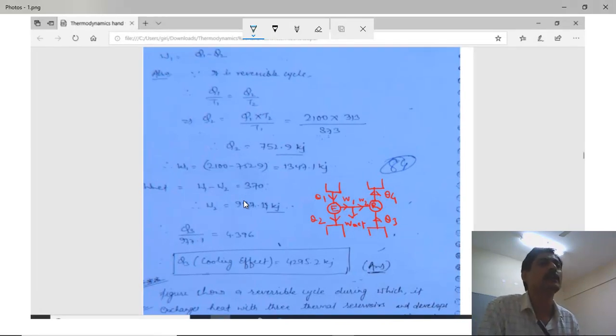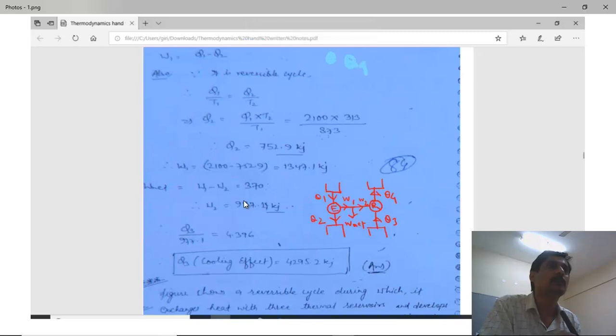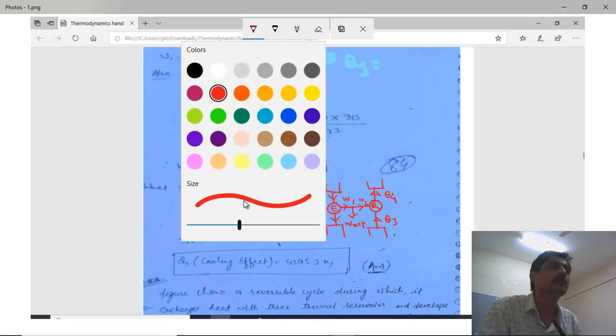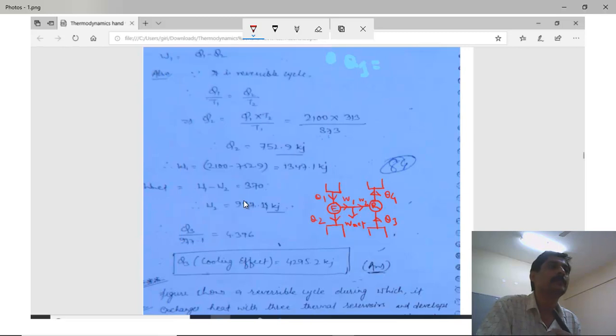Now, W1 is the work output by the reversible heat engine. W1 is equal to Q1 minus Q2, because Q1 is equal to W1 plus Q2.